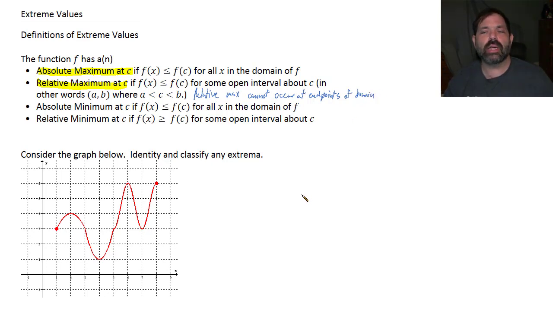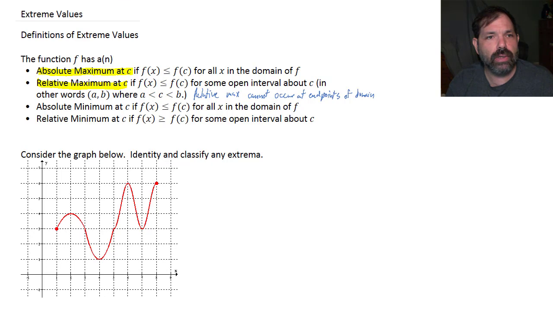Relative maximum cannot occur at the endpoints of a domain, because if we're at an endpoint, we can't look to the left or look to the right, depending on which endpoint we're at, to make sure that it is a maximum. However, the endpoints can give us global or absolute maximums.